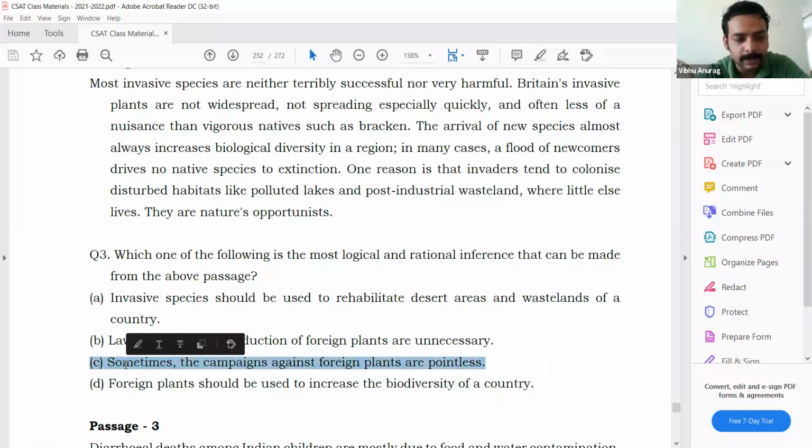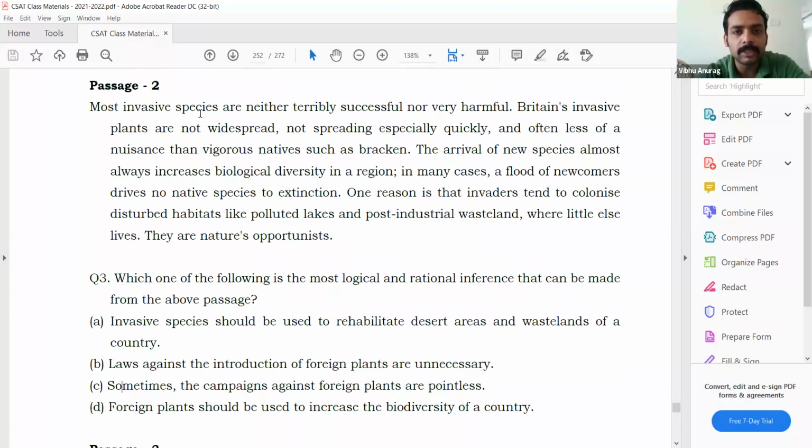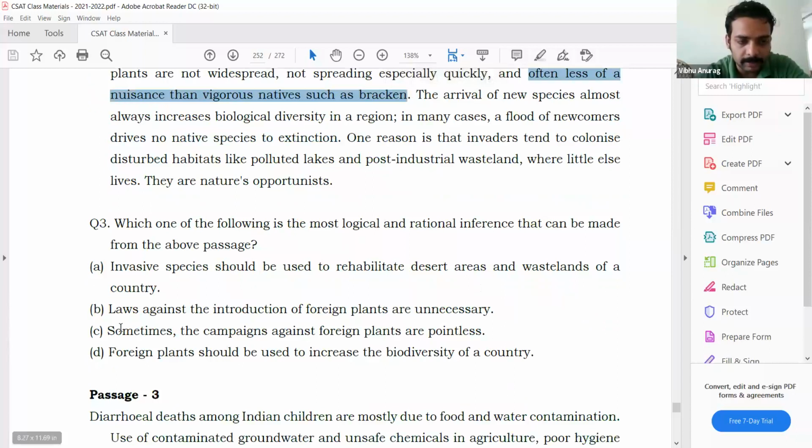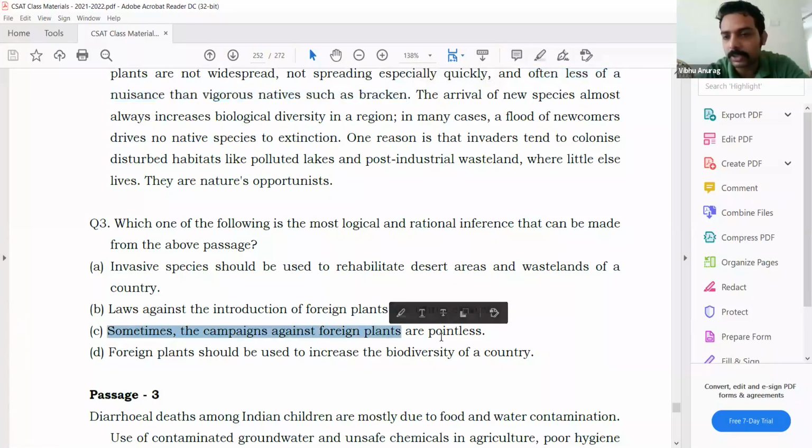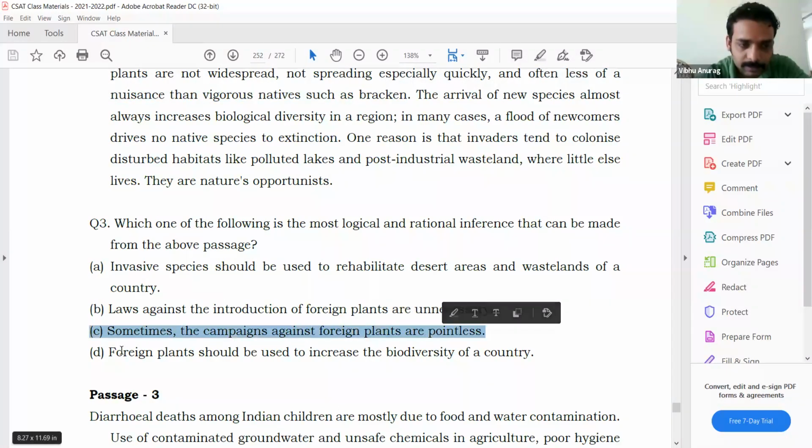C, sometimes the campaigns against foreign plants are pointless. So sometimes, yes, we can infer that because he's saying they are neither terribly successful nor very harmful, and they are a smaller nuisance than local varieties such as bracken. So, okay, sometimes the campaigns against them are pointless because he's saying they're harmless. So, C is the closest match.